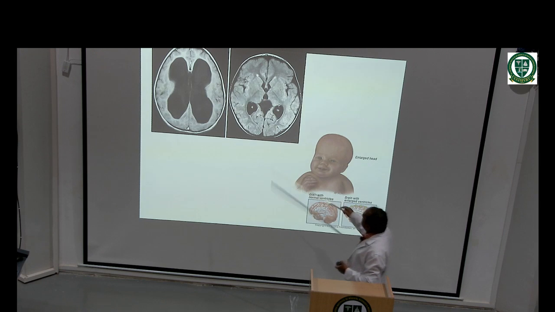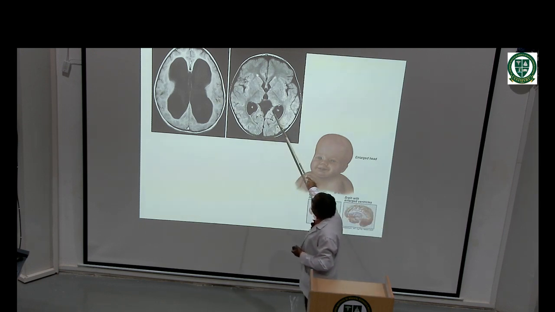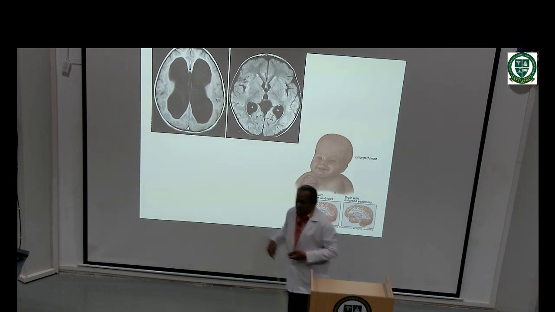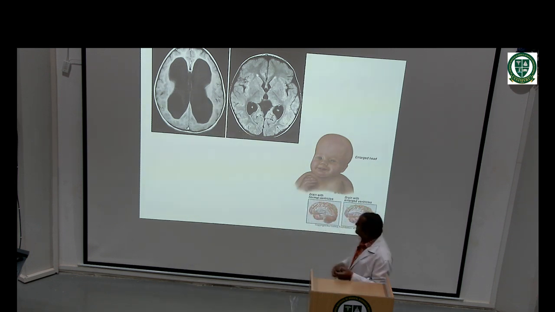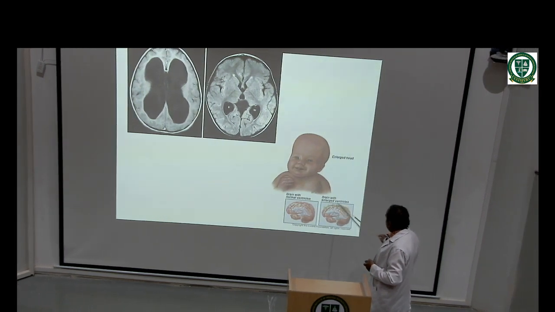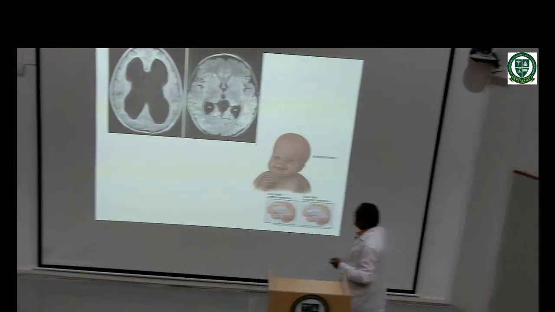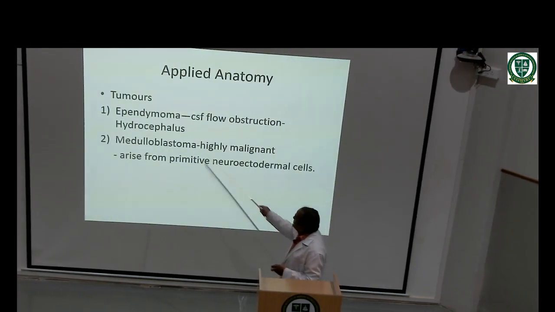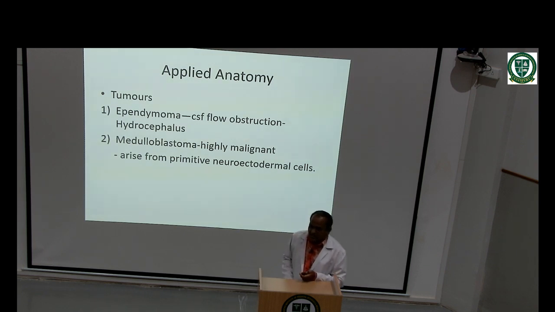This is the normal CT, and in this one you can see the lateral ventricles are enlarged because of the excessive collection of cerebrospinal fluid. Here is the brain with normal ventricles, and this is the brain with enlarged ventricles. That condition is called hydrocephalus.